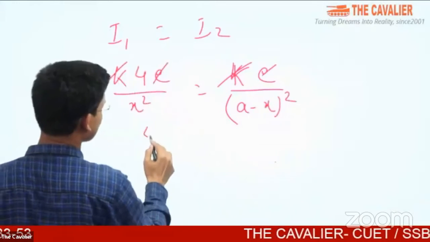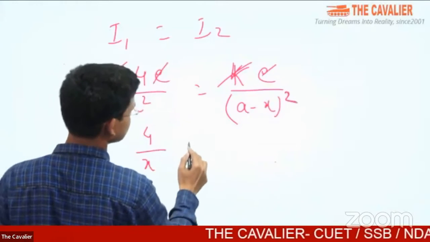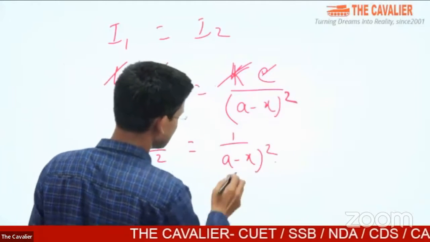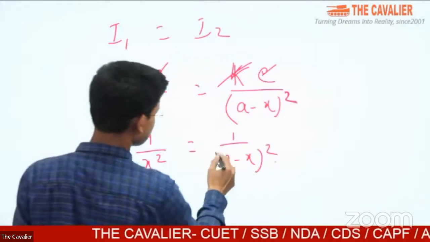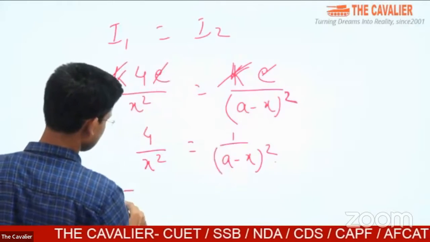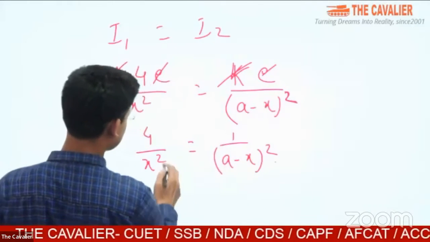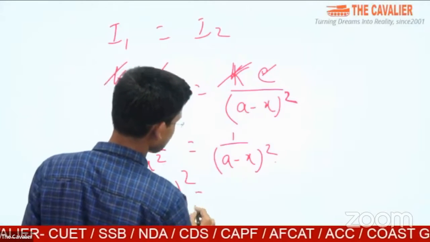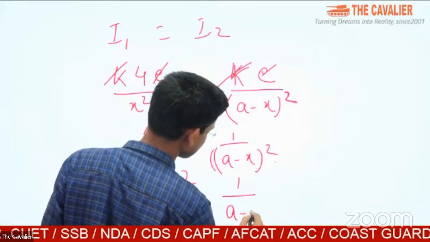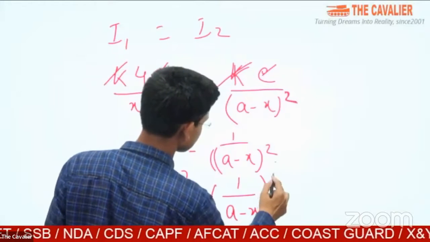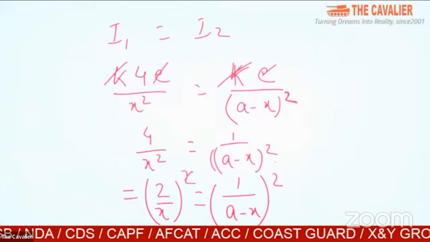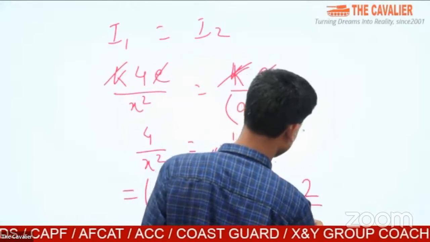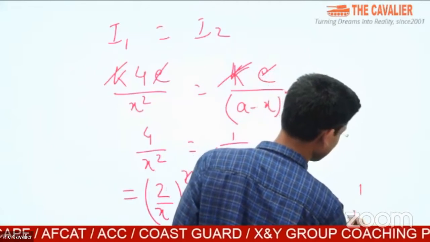You can write 4 upon x square equals 1 upon A minus x square. No need to simplify it in the form of a whole square. You write 2 by x, its square, and 1 upon A minus x, its square, which will be cancelled out. You can write 2 by x equals 1 upon A minus x.